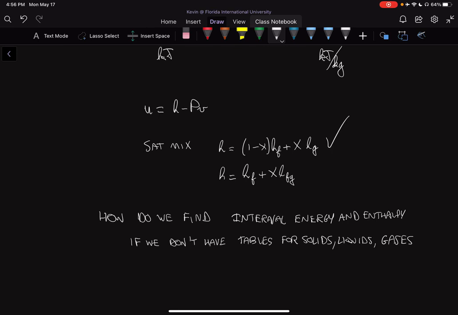Let's say we have air and we don't have tables for air, we actually can't find internal energy, for example, for air, because we don't have those tables. Now, we do have some tables for air, and we'll go through them a little bit later in this module, but usually our shortcut when we do not have tables is to use specific heats.